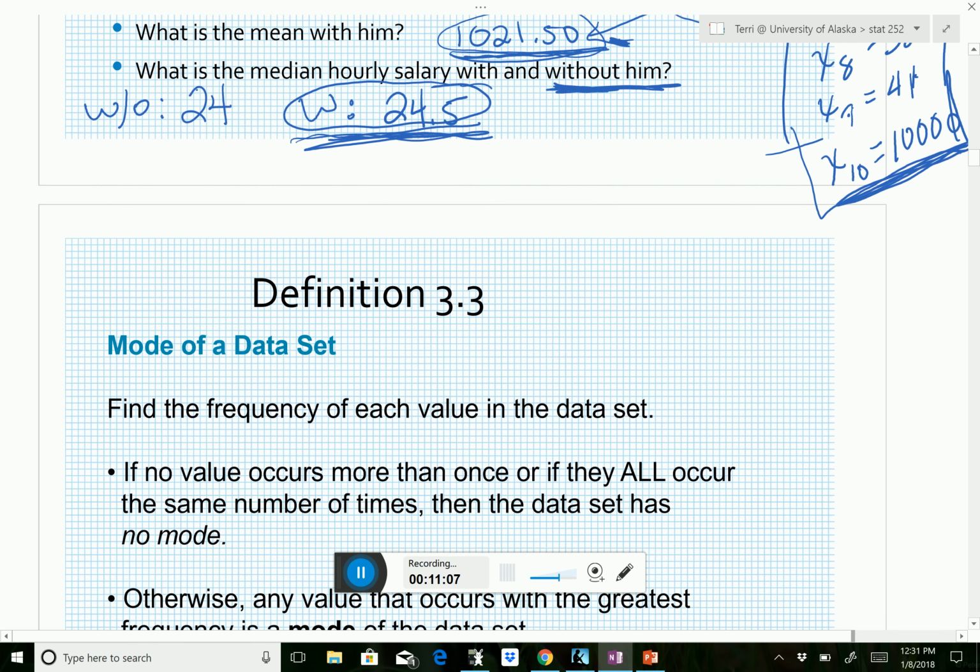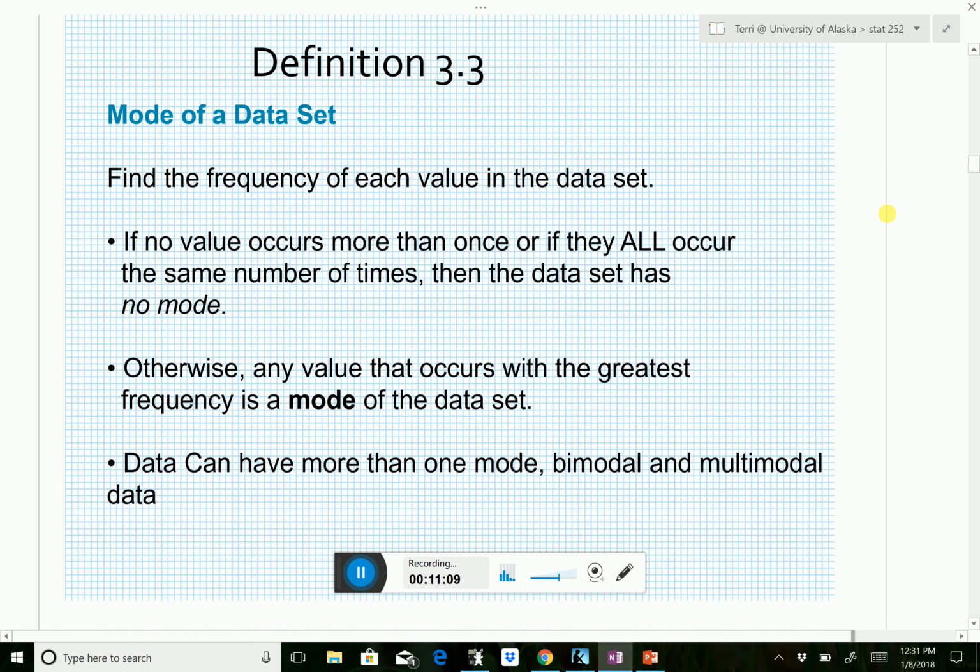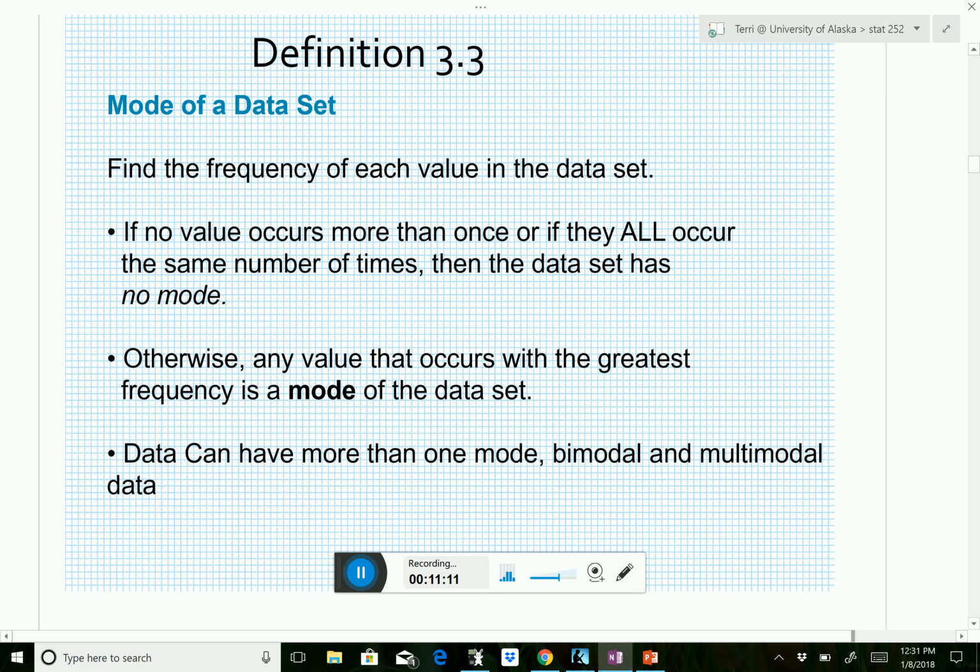Okay. So let's talk next about the mode. The mode is looking at the highest frequency of a value. In the example that I did before with the 4 numbers, we didn't have a mode. Everything only occurred once.